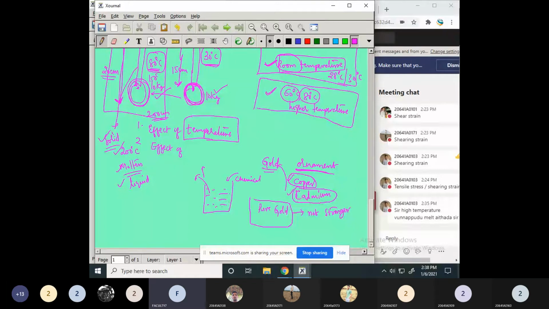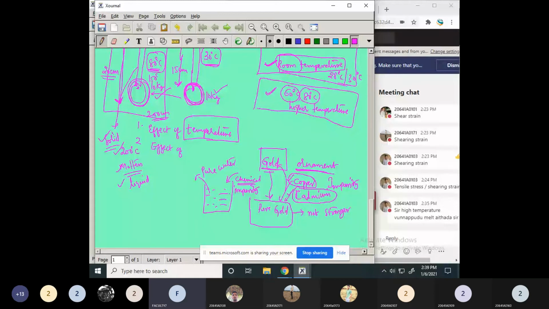Initially it was pure water, but if you add certain chemical externally, now it is not pure water. The chemical is some impurity, you are adding some impurity. Similarly, if you consider pure gold, if you are adding some copper or else cadmium, you will consider this as the impurity. You are adding the impurity to the pure metal.